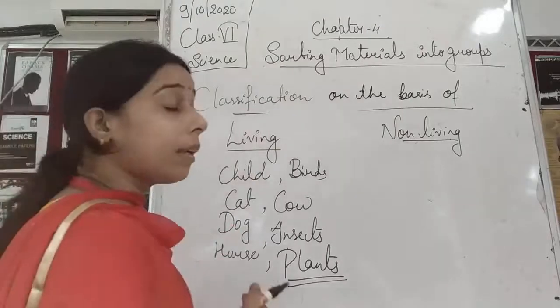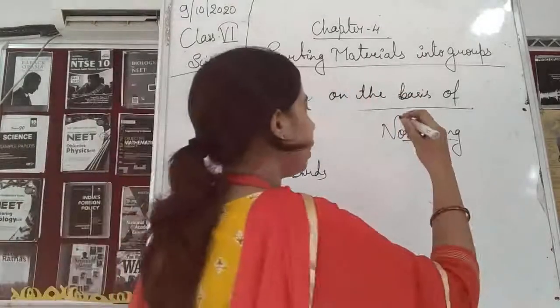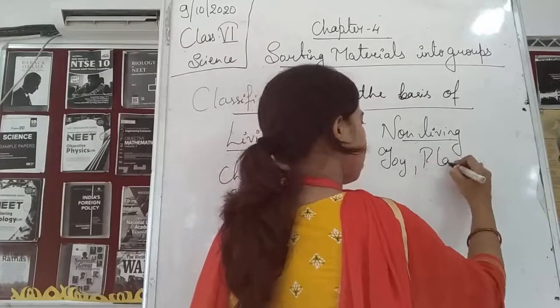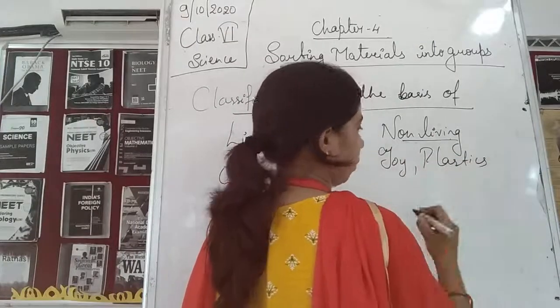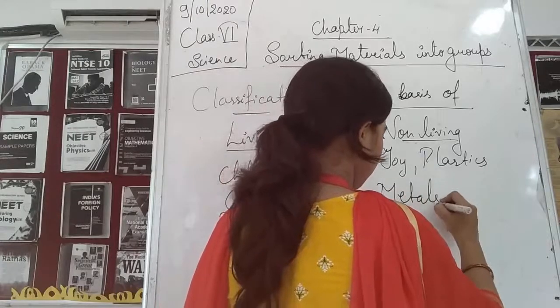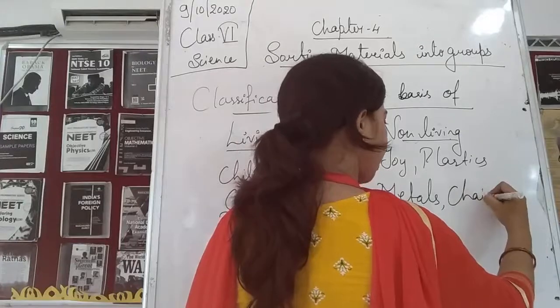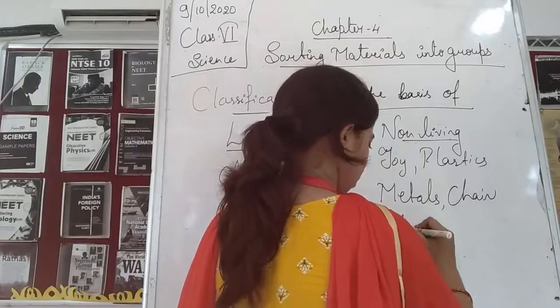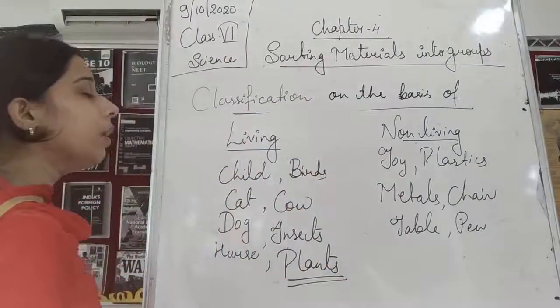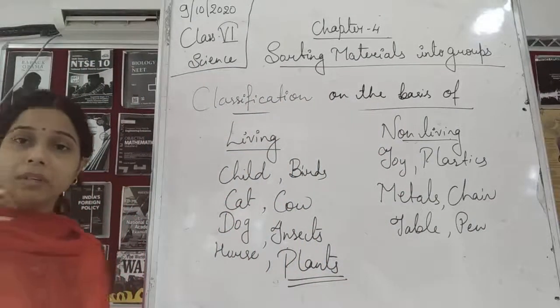Okay. What about the non-living objects? Non-living objects like toys, plastic, okay, metals, anything, chair, table, pen, all these things. These are the non-living objects.